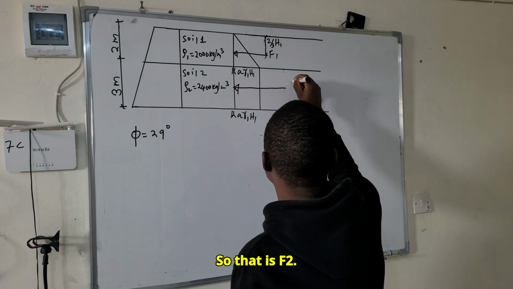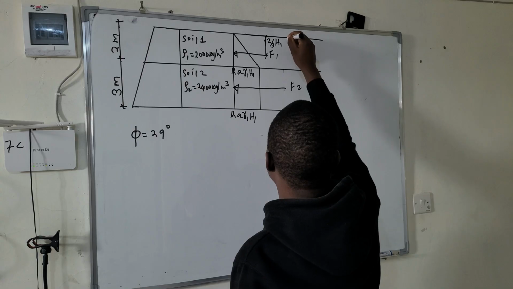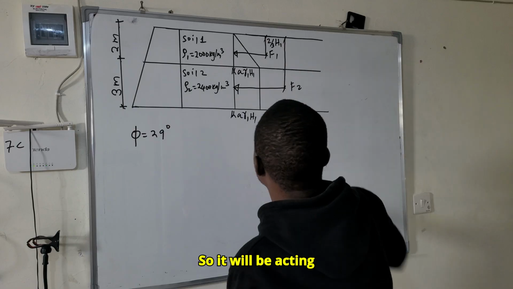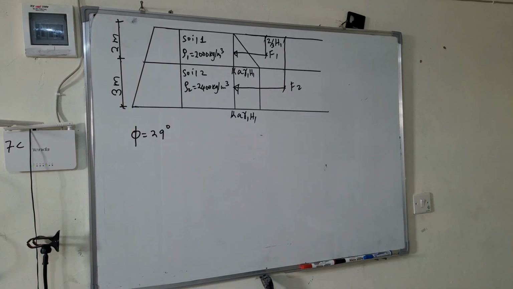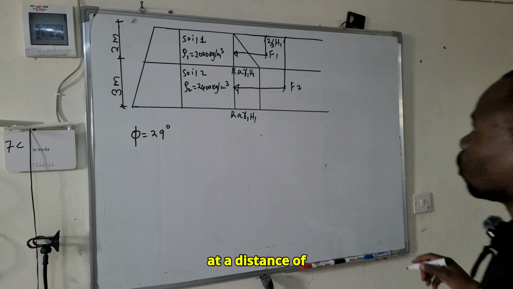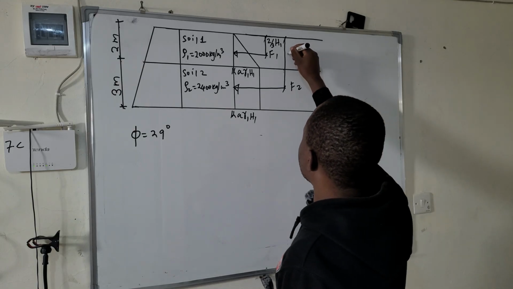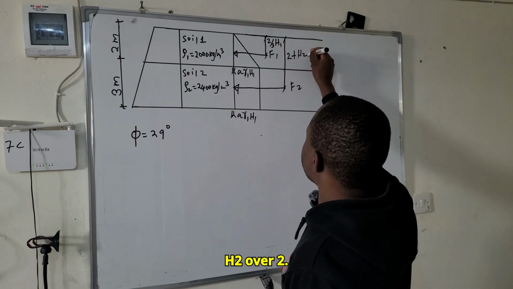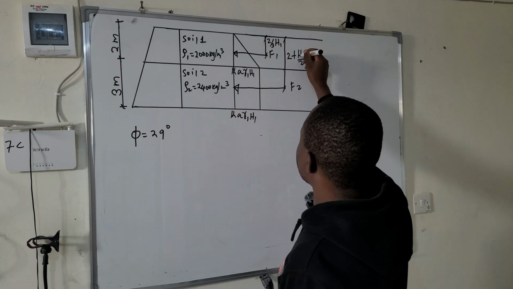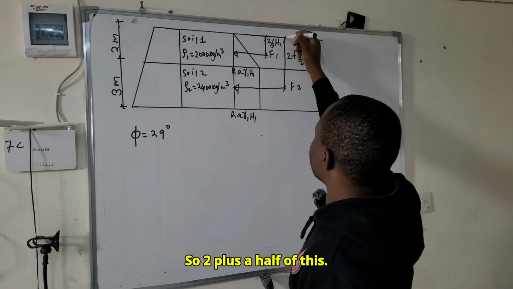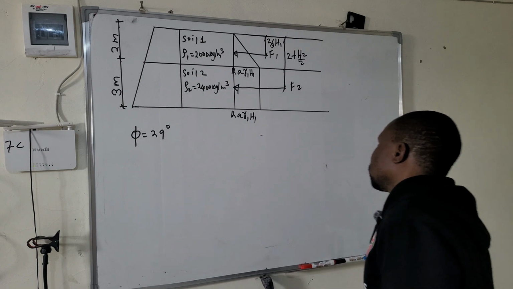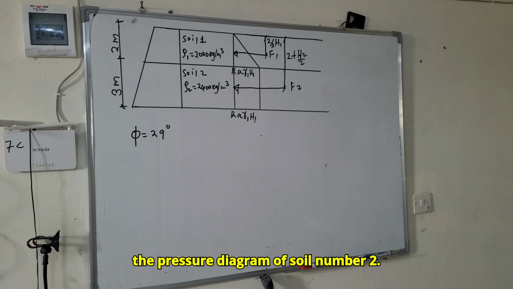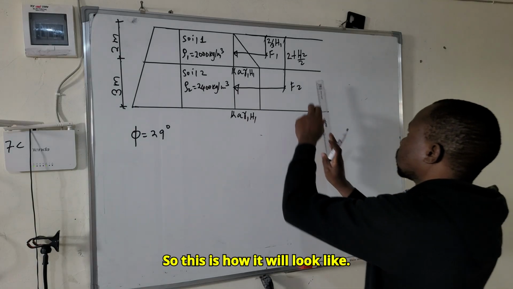So that is F2. It will be acting at a distance of 2 plus H2 over 2. So 2 plus a half of this. We now proceed to the pressure diagram of soil number 2. So this is how it will look like.